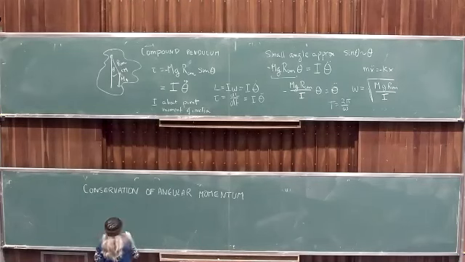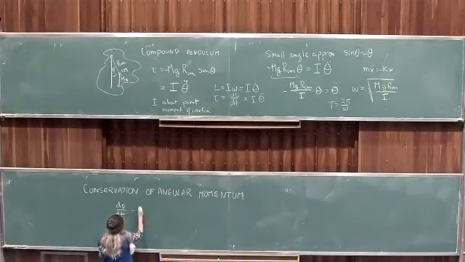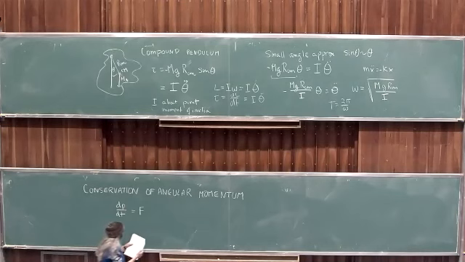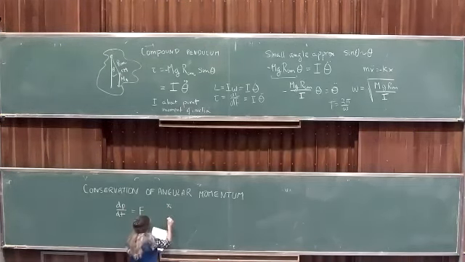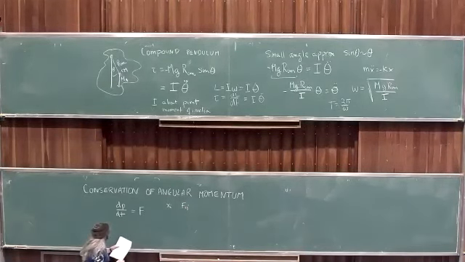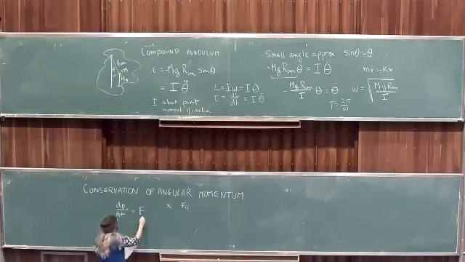So, we have dp/dt is F, and now if we have a bunch of particles, point masses with positions x_i, interacting with forces F_ij, then that is the force on particle i from particle j.